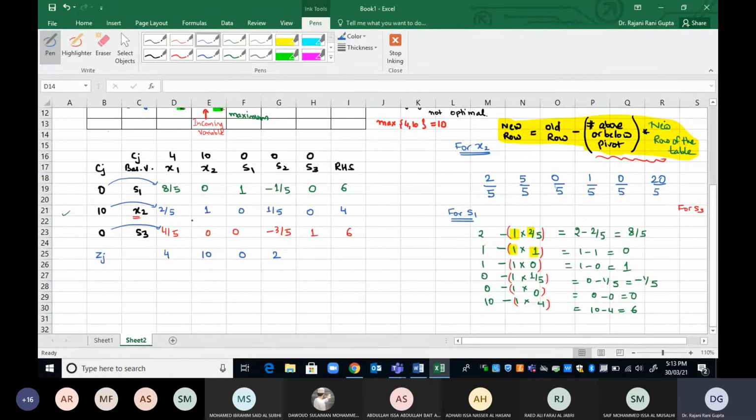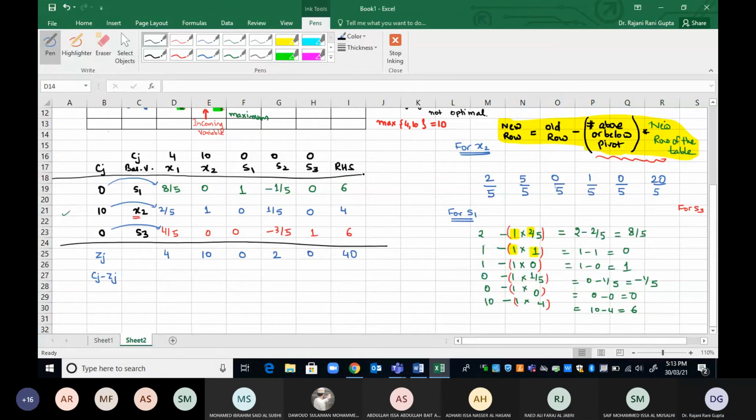Next step, Cj minus Zj. So what is Cj minus Zj? You have Cj here. 4 minus 4 gives you 0. 10 minus 10 gives you 0. 0 minus 0, 0. 0 minus 2 gives you minus 2. 0 minus 0, 0.